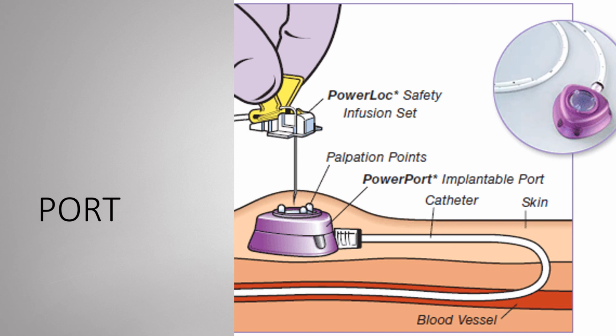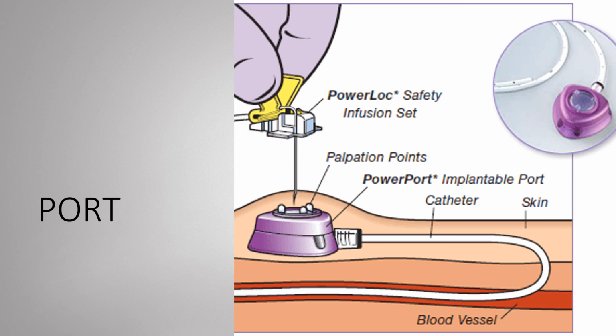So we've come up with port systems and PICC lines. Basically a port is a little implantable reservoir with a catheter that gets tracked under the tissue into a vein. It goes into your central system, right?